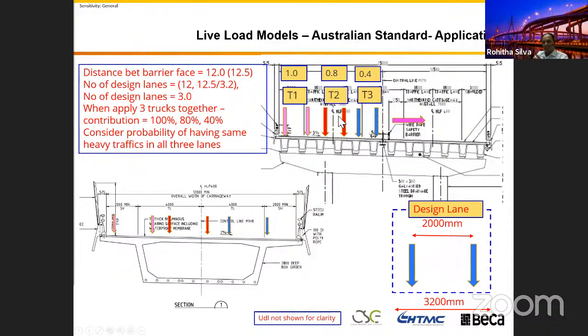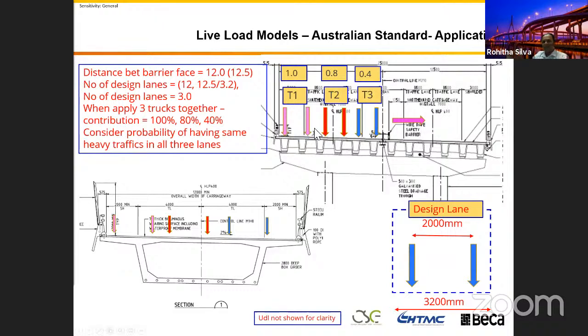If you put the 1 and 2 together, this is not happening all the time, right? You can say, okay, I saw in the bridge, 3 B double trucks, they were running all together. You saw that is 62.5 or 70 ton, but what I'm designing is significantly large values, right?